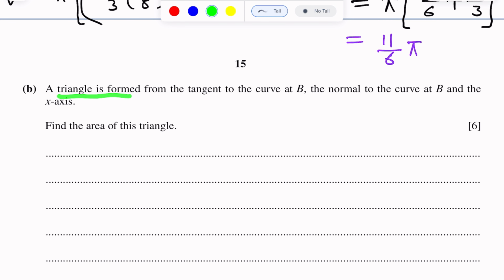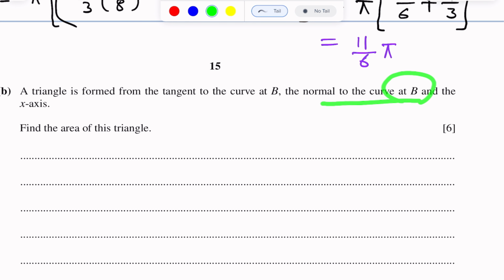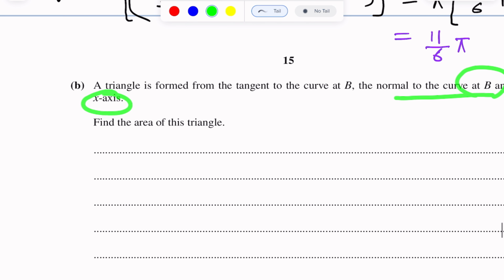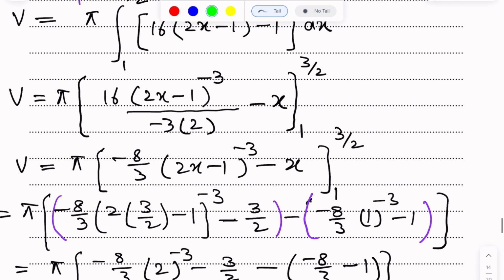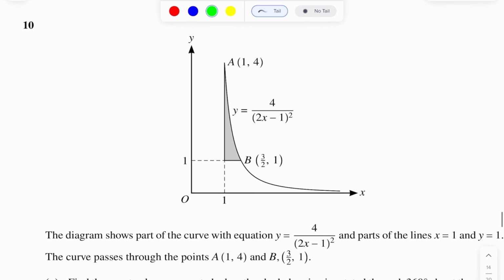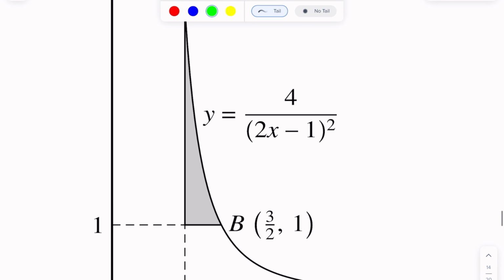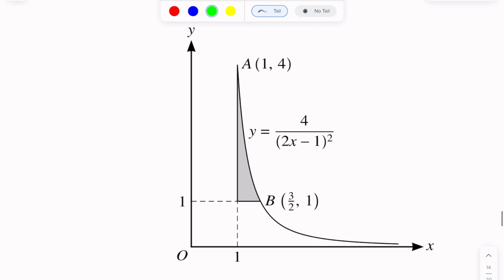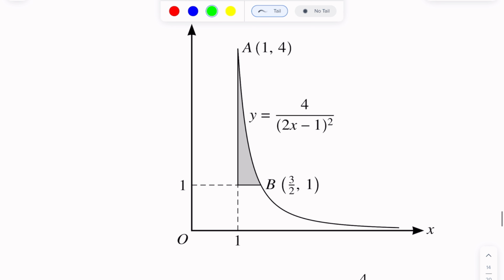Find the area of this triangle. So in the given diagram we make a little construction so that we may have the triangle which is required, then we will find its area.